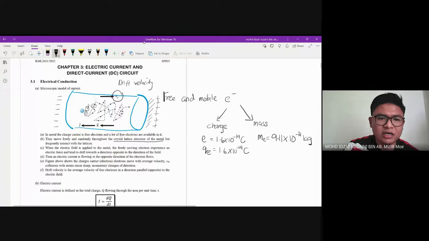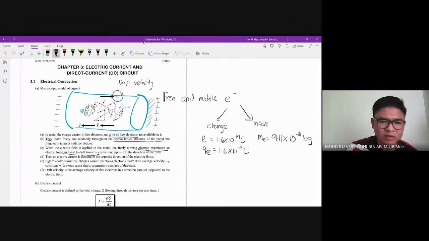Antaranya apa dia? Metal has a lot of free electron, and then they interact with the crystal lattice structure of the metal. Okay, and then electron is experience an electron force and tends to drift towards the direction opposite.